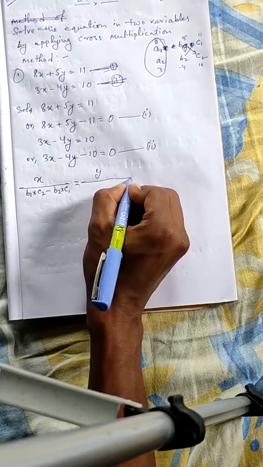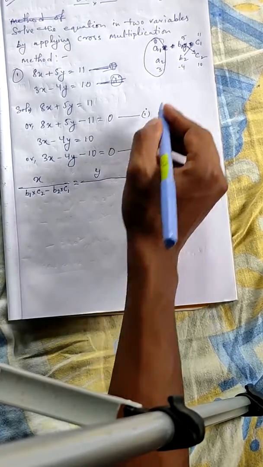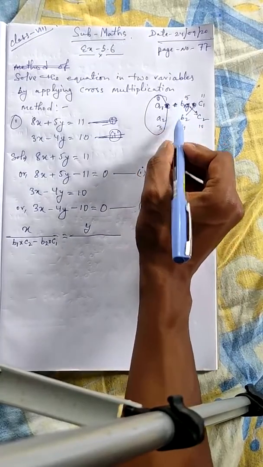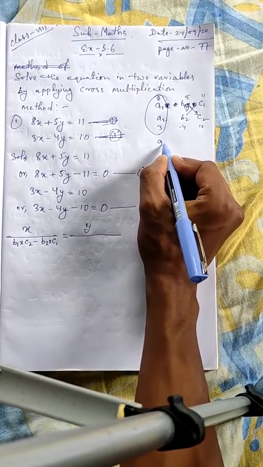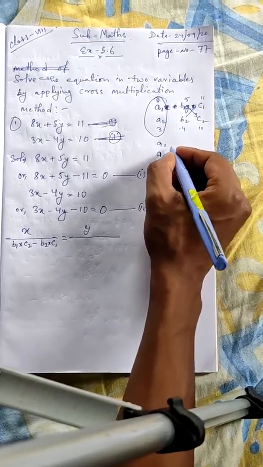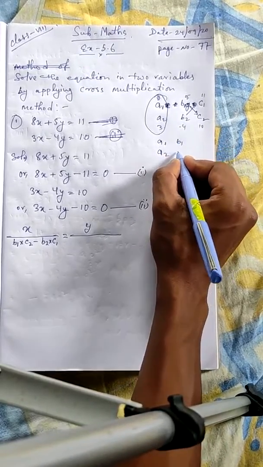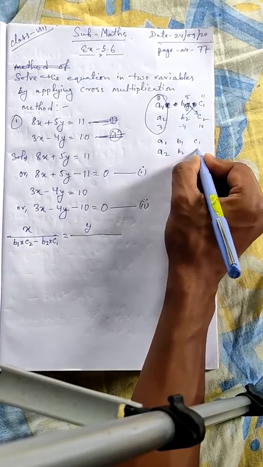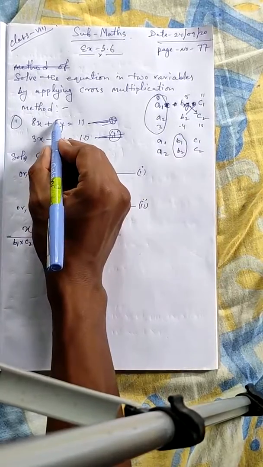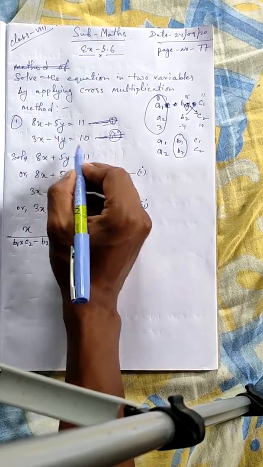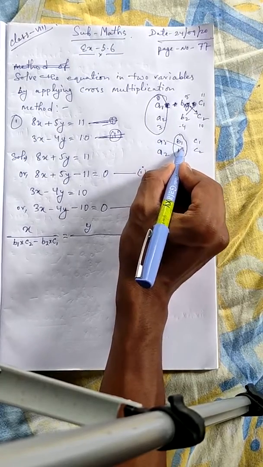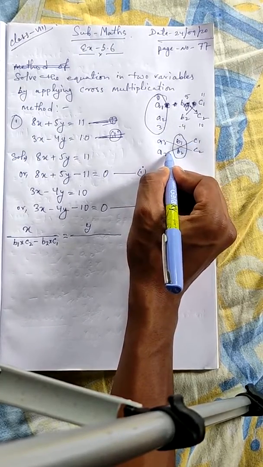similarly I will write y. So y means again a1, a2, b1, b2, c1, c2. Y means b1 and b2 are for y, so we have to cross multiply a1 and c2, a2 and c1.